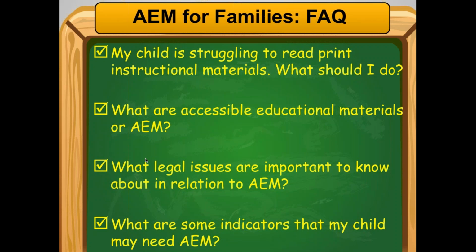So if a student has a 504 plan, or is just a regular education student whose needs did not rise to the level of special ed or 504 but still has difficulties reading, the team has to consider whether the 504 team or the building accommodation plan, they all have to look at whether that kind of support through AEM, a digital text, audio, or larger print, will help the student do better.